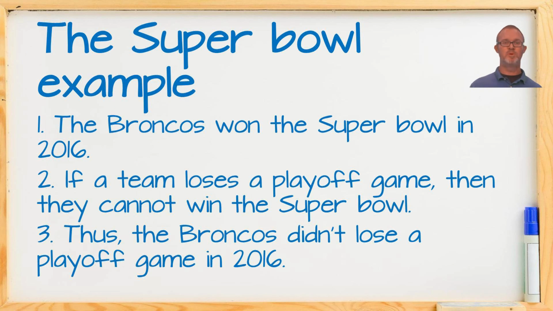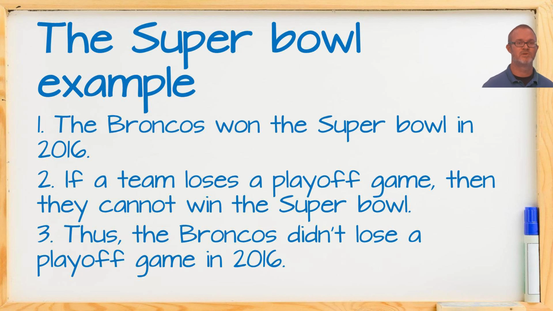Lastly, we'll use the Super Bowl example to explain validity and soundness as well. This is another valid argument with true premises and a true conclusion, so it is sound. This happens to be about the Super Bowl that happened in 2016. The first premise is the Broncos won the Super Bowl in 2016, which we know to be true.